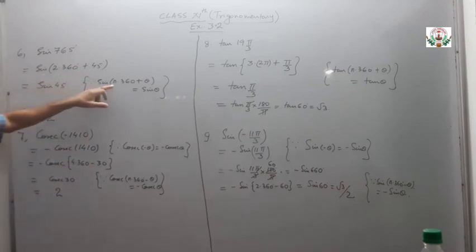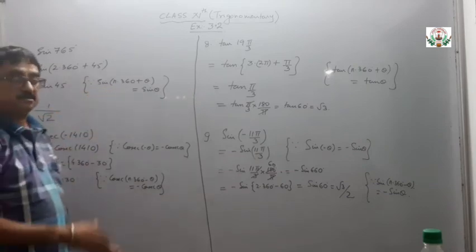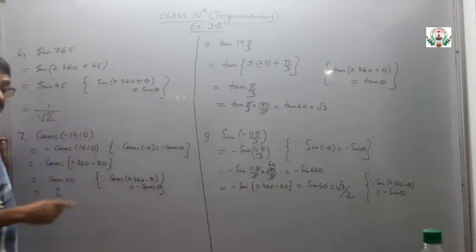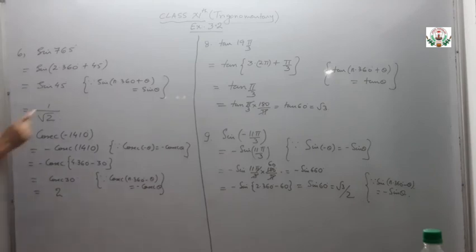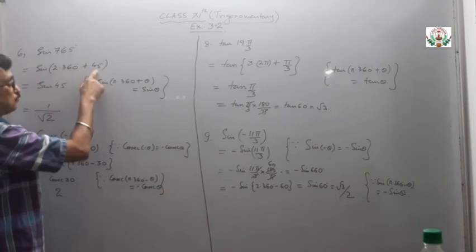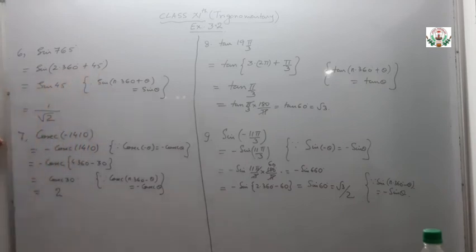Sine of n into 360 plus theta lies in the first quadrant, and in the first quadrant all the trigonometrical ratios are positive, and there will be no change for 360 plus theta. So sine will be sine theta. Here in place of theta it is 45, so it becomes sine 45. It comes now in the range of 0 to 90 degree. As we have studied in class 10th, the value of sine 45 is 1 by root 2.